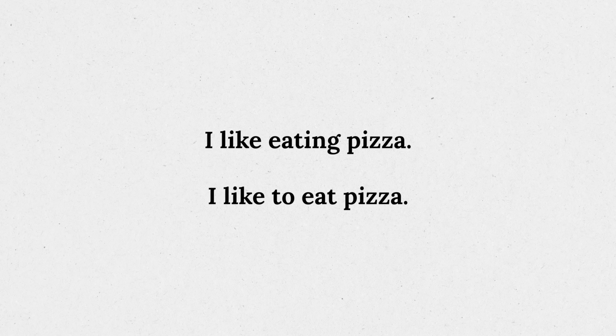But the image is important because it answers a very common question from students about the difference between verbs with -ing and verbs with to. For example, I like eating pizza. I like to eat pizza. What's the difference? The answer is actually very simple.